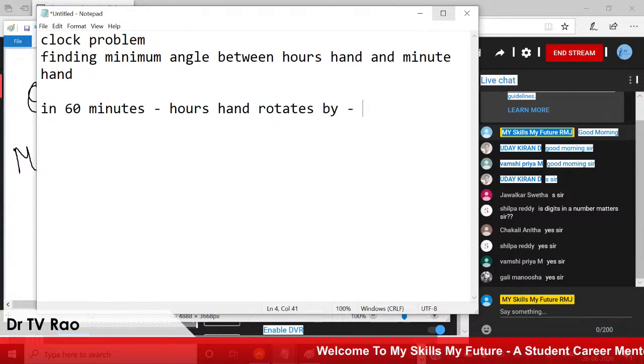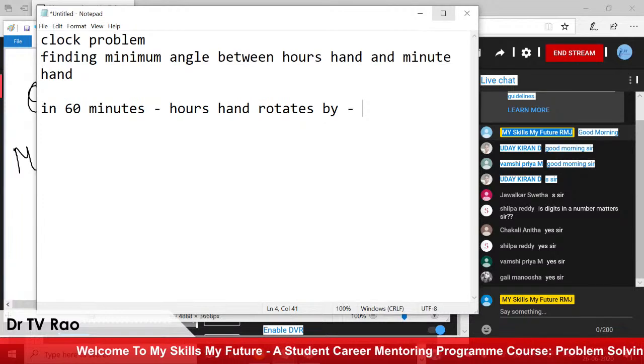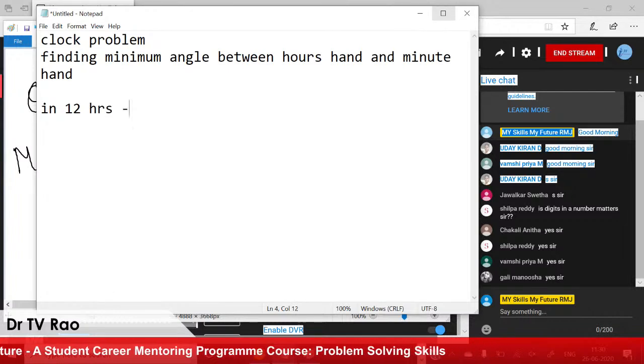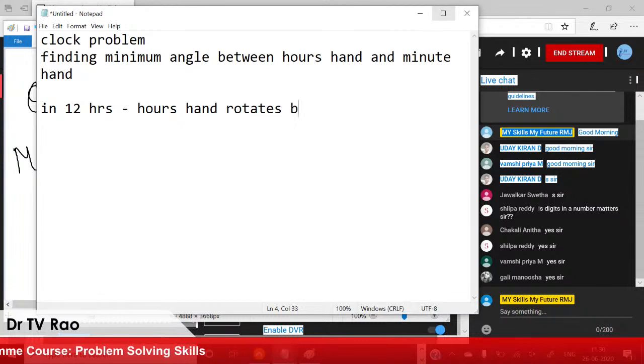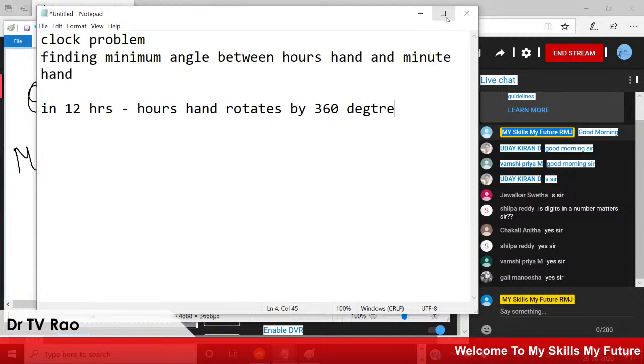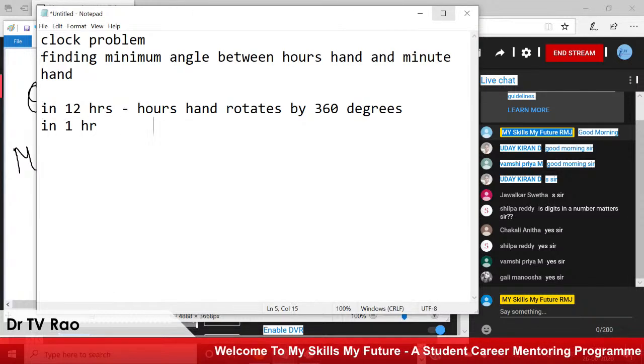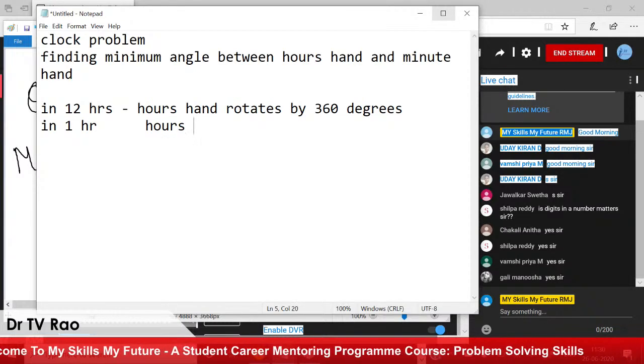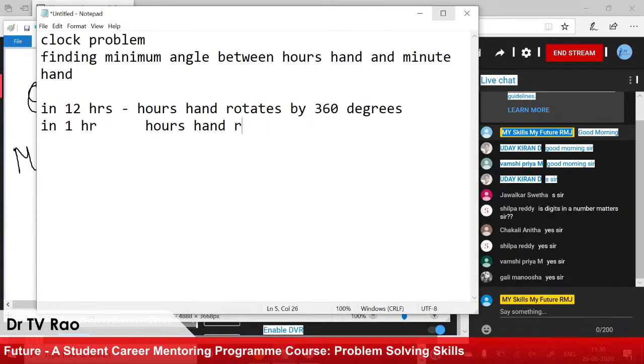In 12 hours, okay, in 12 hours, the hour's hand rotates by 360 degrees. Okay. In 1 hour, the hour's hand rotates by 30 degrees.